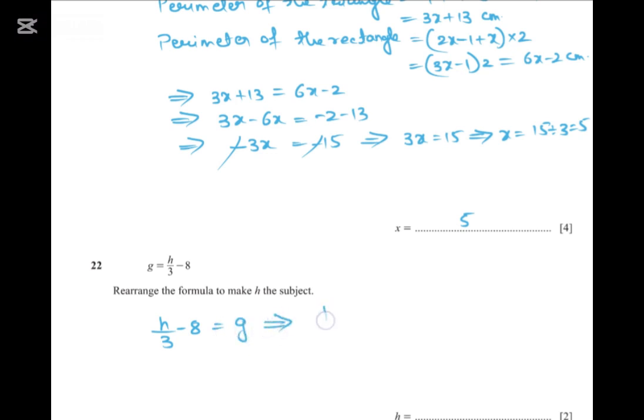First you can bring 8 to the right hand side, so it will be g plus 8, because negative becomes positive on the right hand side. h by 3, now 3 has to be brought to the right hand side. It gets multiplied on the right hand side. So h is 3g plus 24, or you can even write this answer as 3 times g plus 8. Anything is correct.